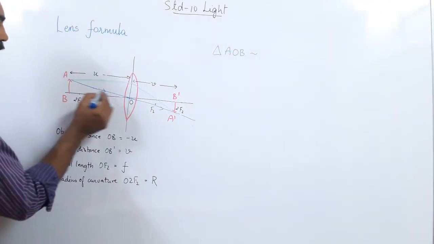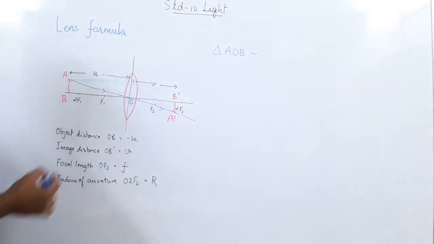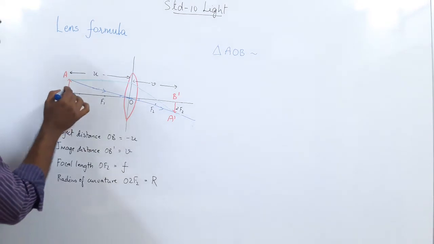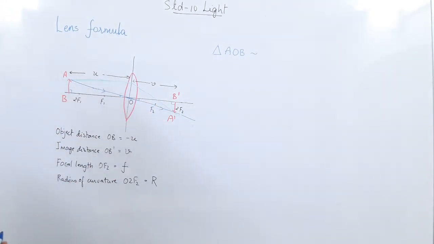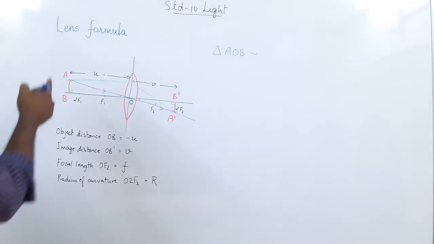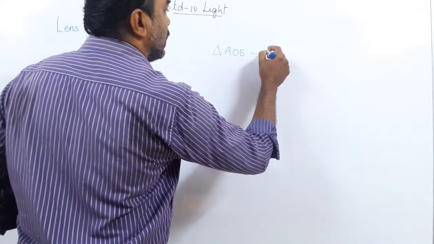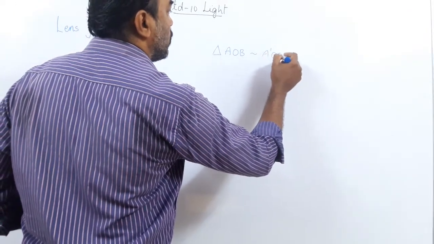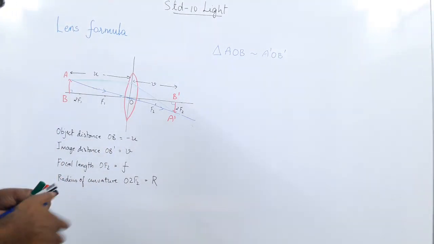In AOB, this angle and this angle are equal because they are vertically opposite. This angle and this angle are equal because they are 90 degrees. So by the AA axiom, the two triangles are similar. So AOB is similar to A prime OB prime.